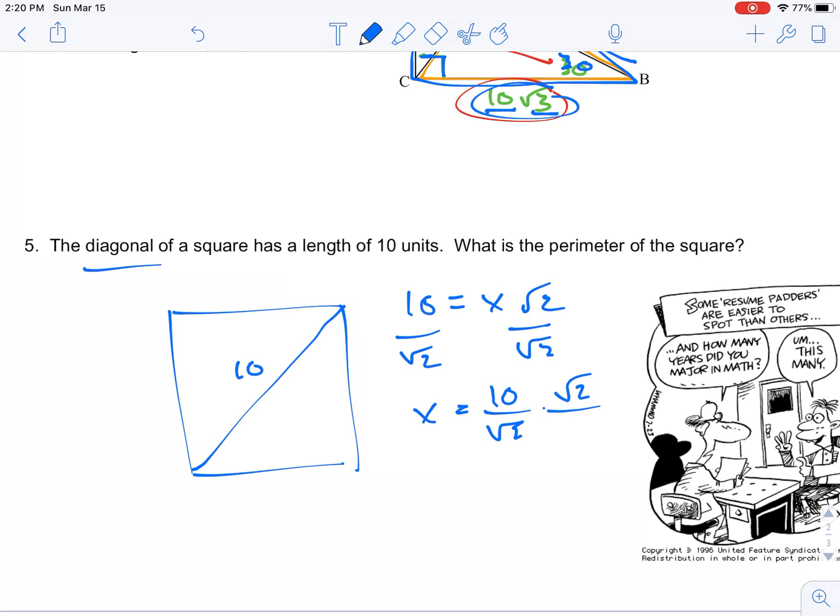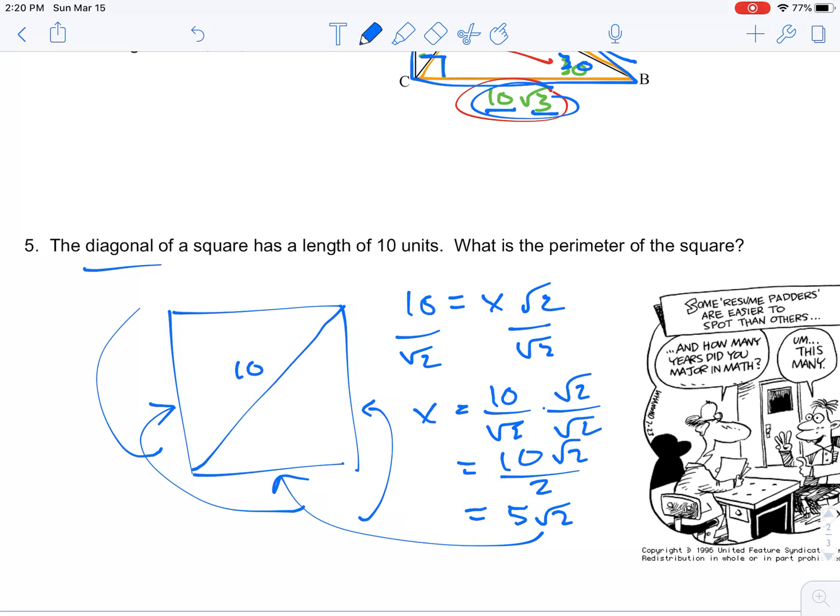Rationalize the denominator by multiplying by root 2 over root 2, and I get 10 root 2 over 2, or 5 times the square root of 2. That's going to be each of my side lengths of my square, and so 4 times 5 root 2 is just going to be 20 root 2 for my perimeter. And that's it.